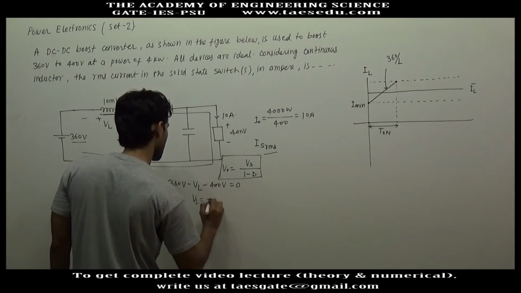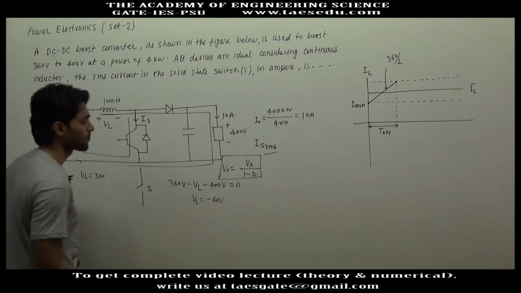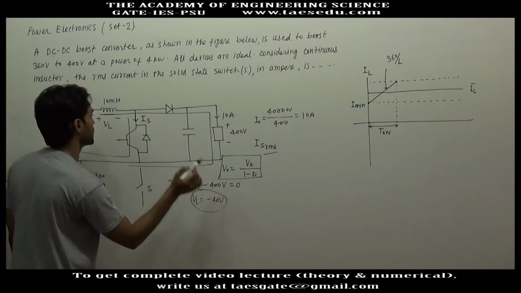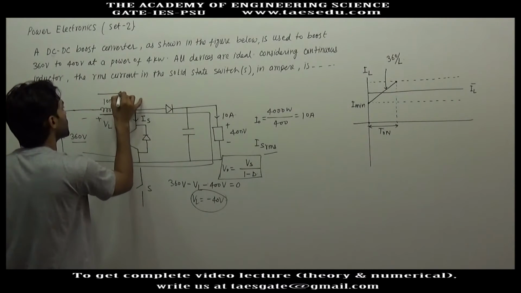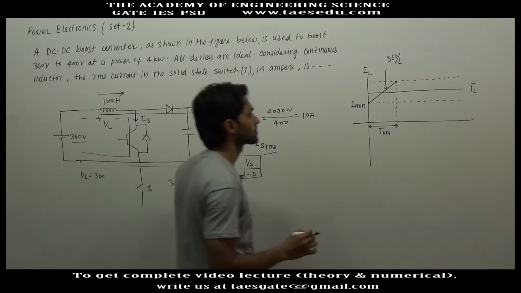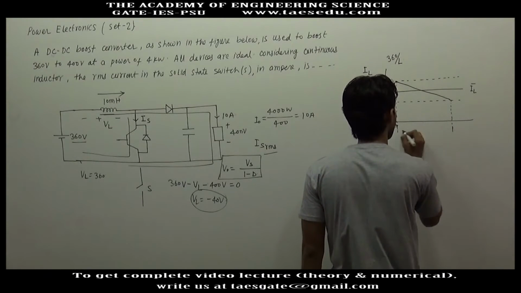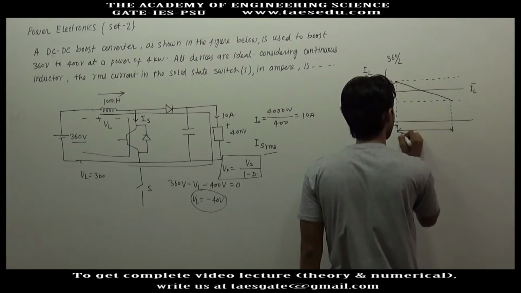So VL will be minus 40 volt. The voltage across inductor is negative, so this current will now decrease, and the duration for which the switch is disconnected will be called T off.